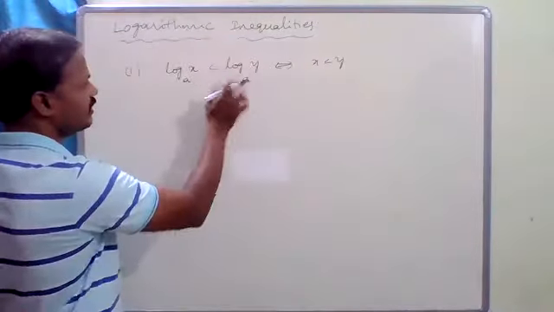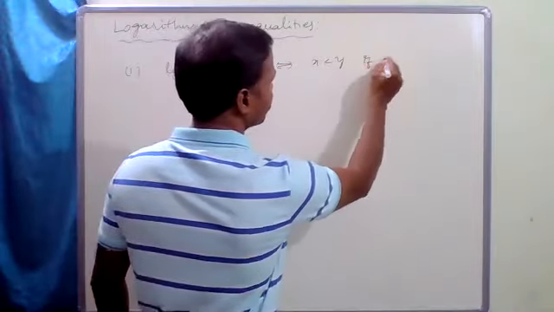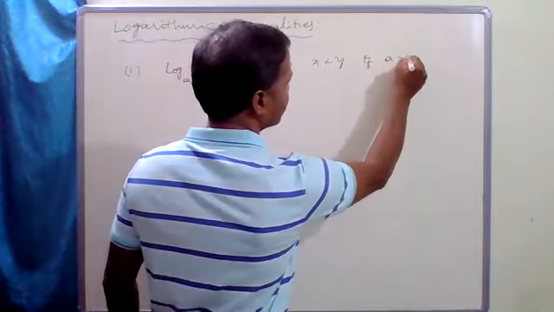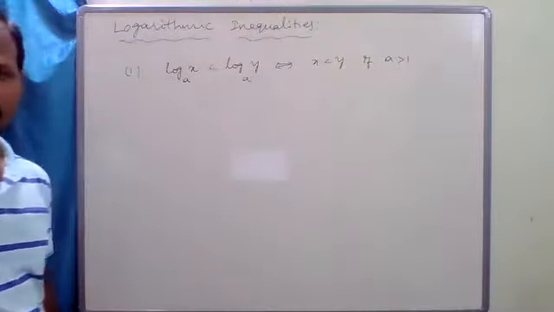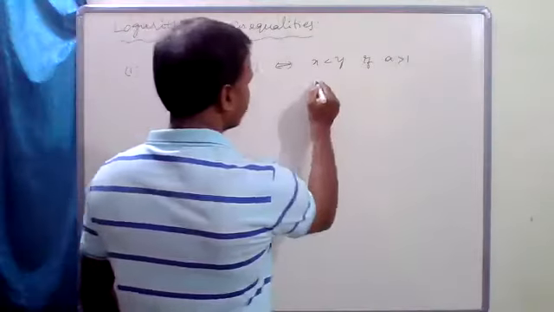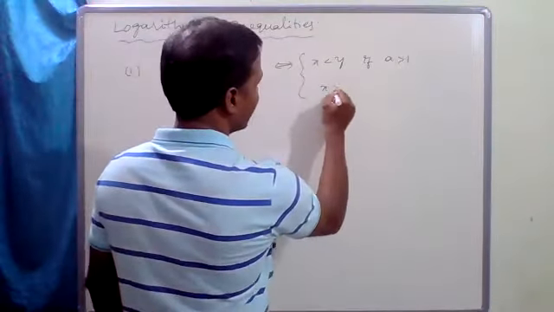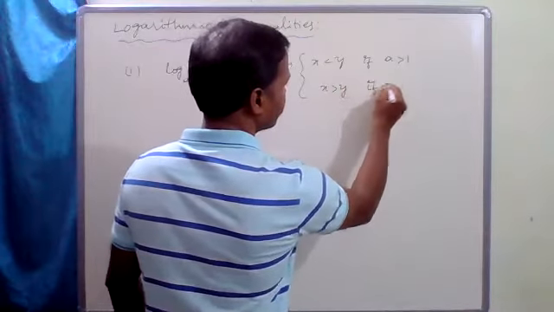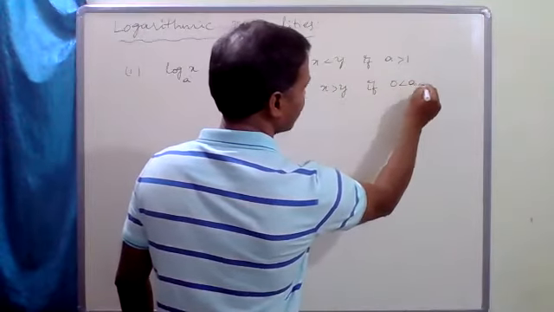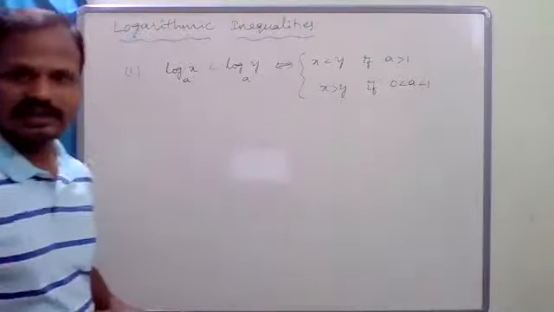When is x less than y? If a is greater than 1. And x is greater than y if 0 is less than a is less than 1.